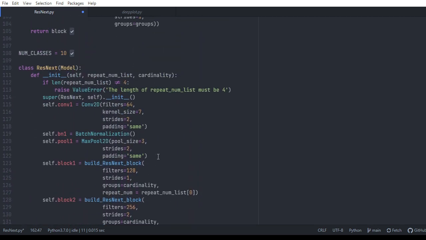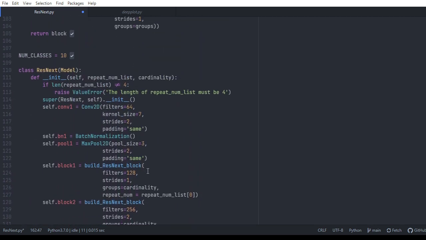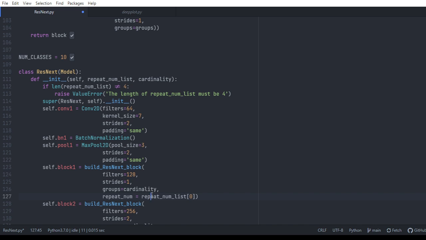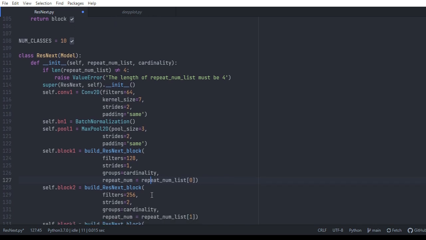So in the first ResNext block that will be built, we'll have 3 as the value here, and we know that essentially only the first stage of the repeating bottlenecks has a stride of 1.